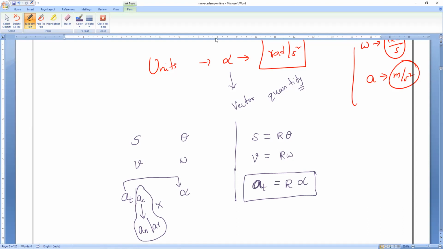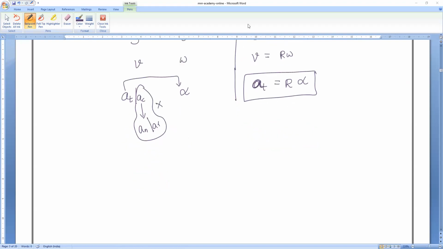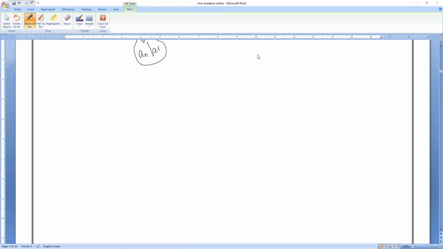So this is about angular acceleration. Now keep in mind, we can change the velocity in two ways: one is by direction, another is by magnitude. When the velocity magnitude remains constant, is it tangential acceleration or centripetal acceleration?